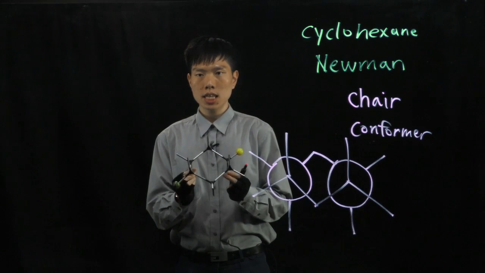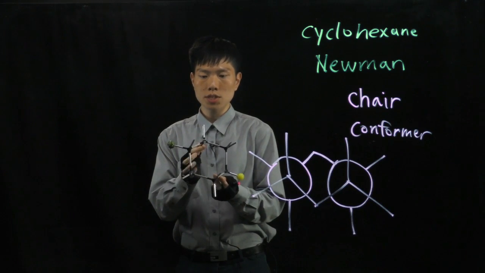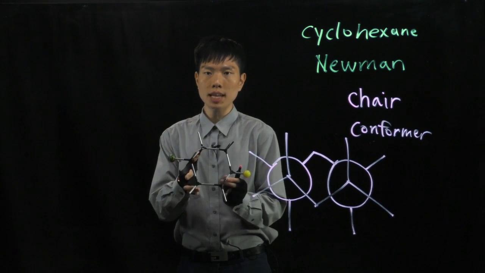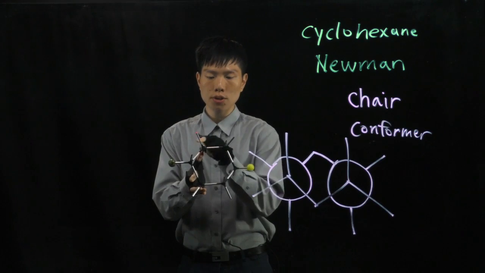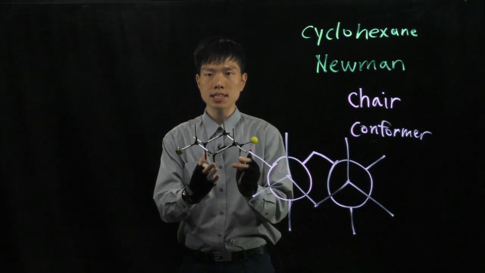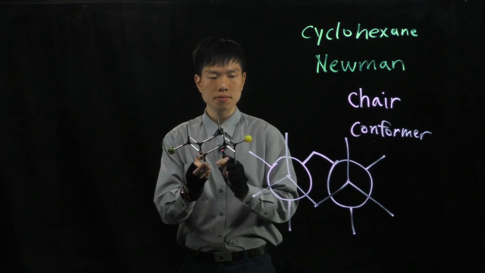Now, based on what you see in this model, we're going to translate the picture. If you look at this model from the top, you notice that these 2 substituents, the chlorine and the bromine, are 1, 4 substituents. And if you look at this, it's up and down, so they are trans.